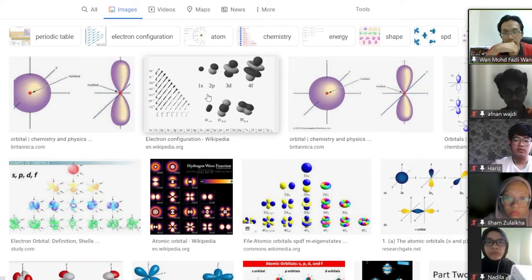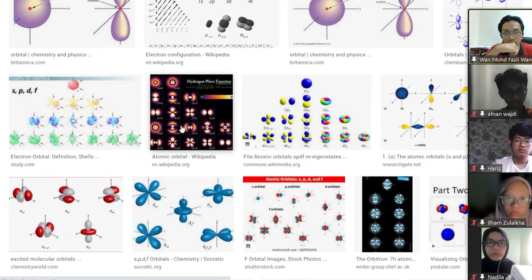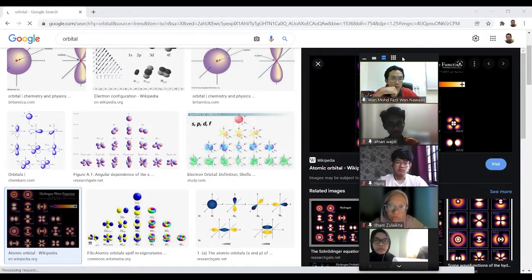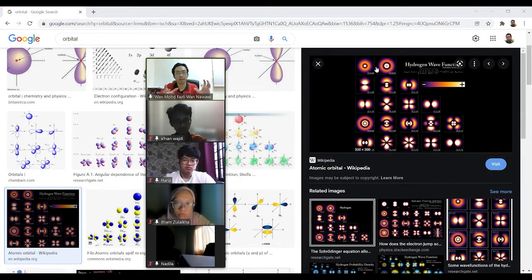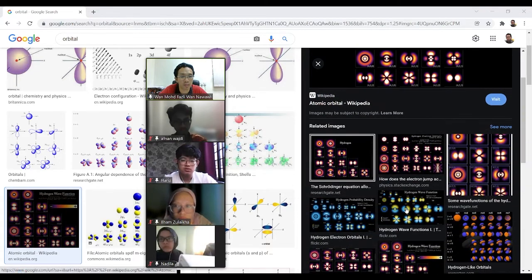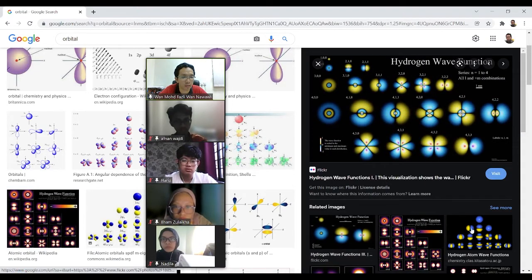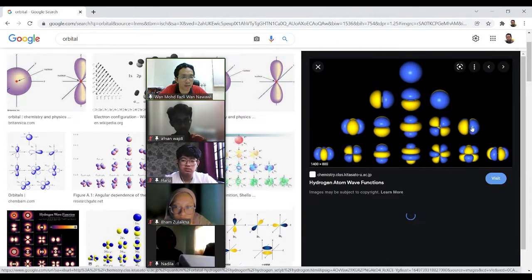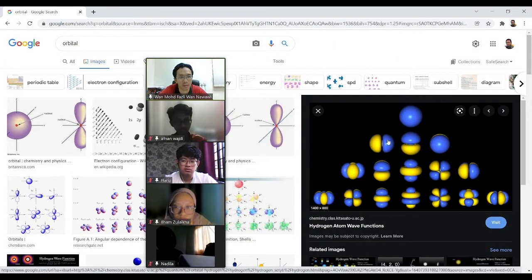You can see that the orbital is like a region where you can find the electron. The region where you can find the electron gets stranger and stranger. In 2D and in 3D, it looks like this.